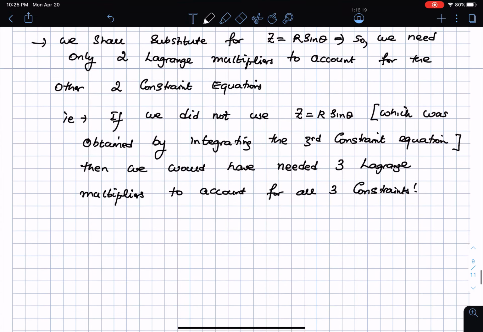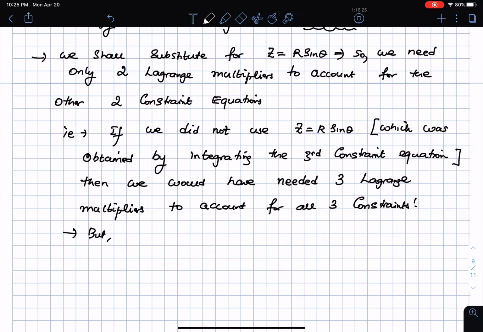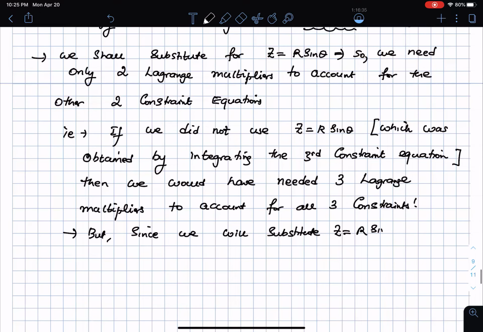But since we will substitute z equals r sine theta, we need only two Lagrange multipliers.